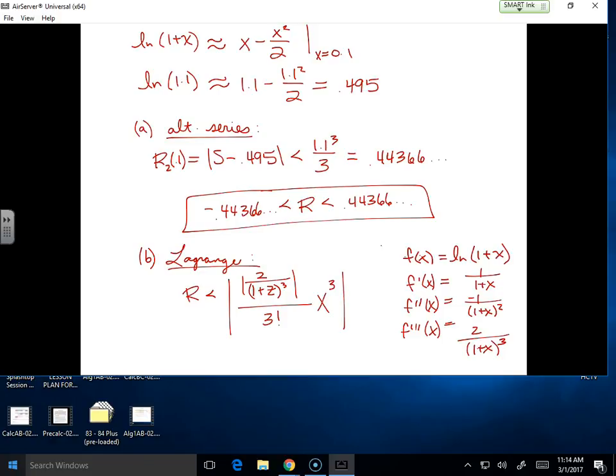Who do we know x to be? 1.1 was the overall, the 1 plus x. What was x by itself? Just 0.1. We could use 2 to say we use second degree Taylor or Maclaurin polynomial. So instead of x, we can actually put in the 0.1 itself, right?